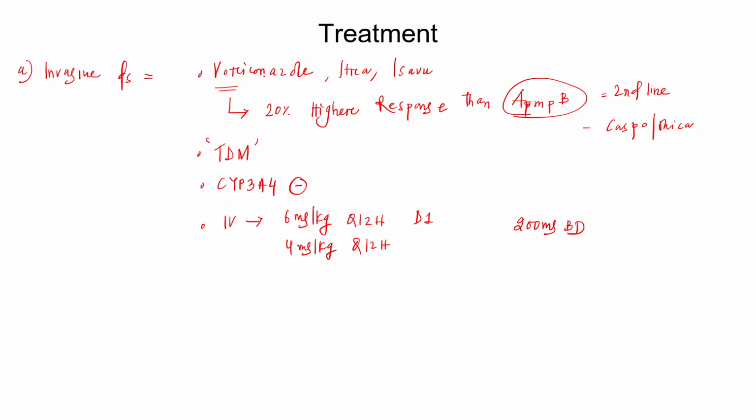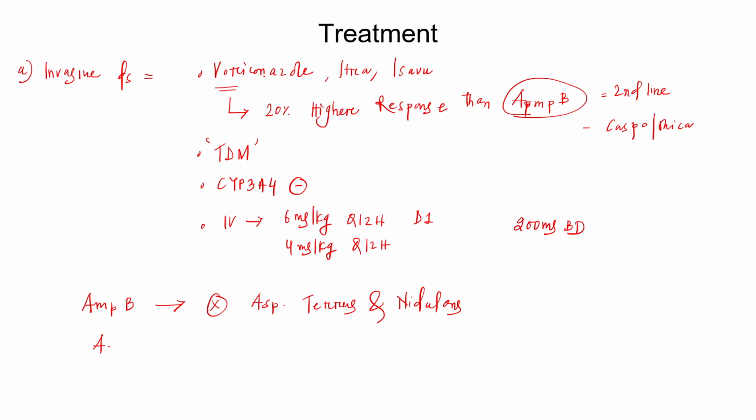Now, one point about amphotericin B. Remember, amphotericin B is a second line agent because it is 20% less responsive, and also amphotericin B is not effective against Aspergillus terreus and Aspergillus nidulans.